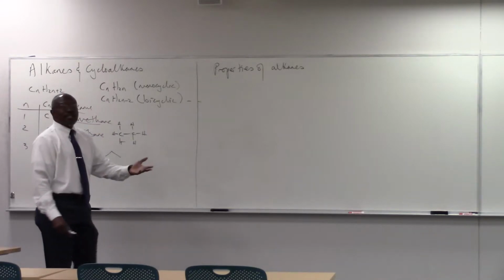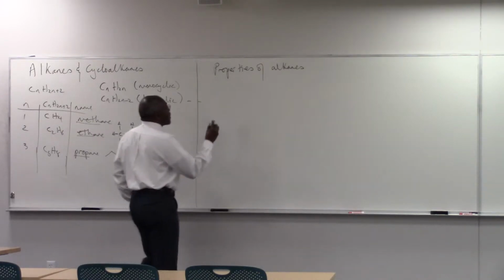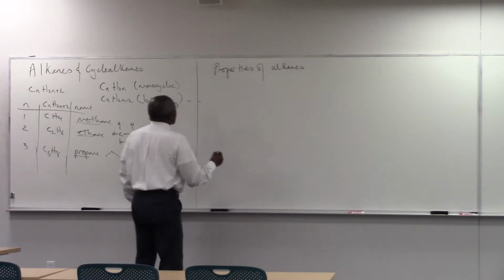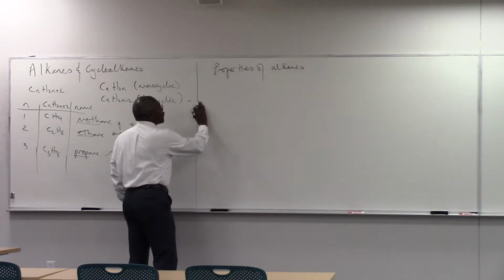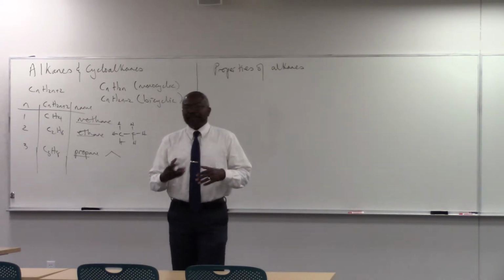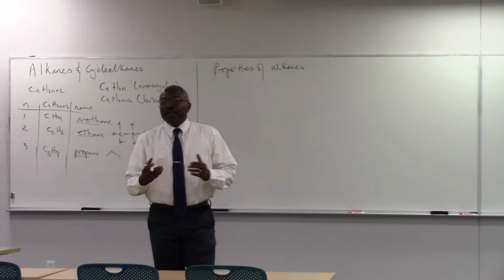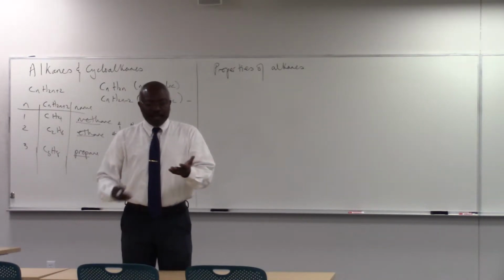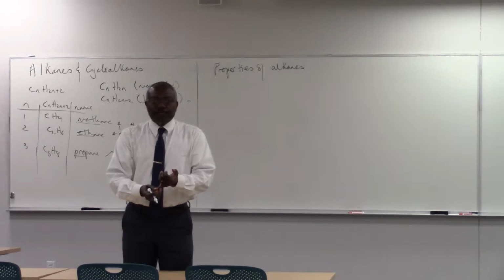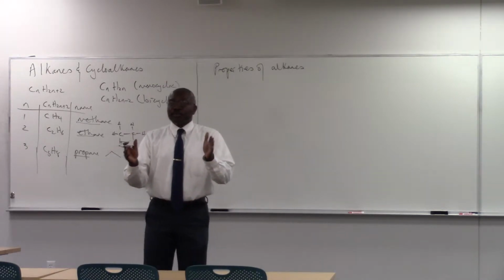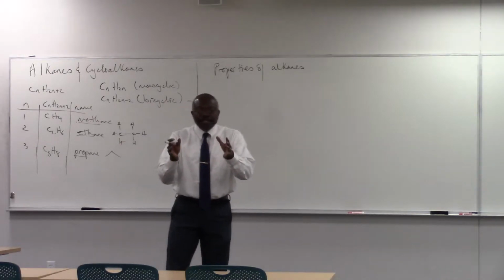So what are the properties we expect for alkanes? Let's talk now about physical properties. The physical properties, if you remember, will be dominated by van der Waals interactions, because alkanes, and cycloalkanes, are non-polar compounds. They've only got carbon-carbon single bonds, which are non-polar, because carbon is attached to carbon, so there's no difference in electronegativity.